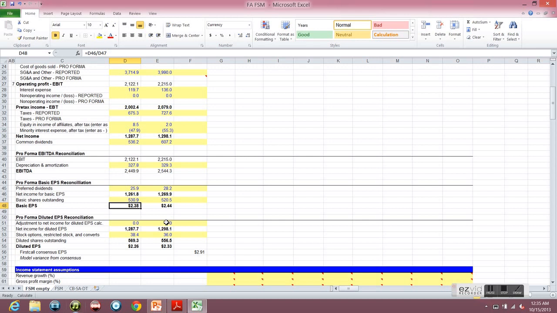What do I mean by that? Well, assume that all of those stock options were exercised, and once they're exercised, a particular individual is buying a particular amount of shares in the market. That's stock options. Second, we have restricted stock.